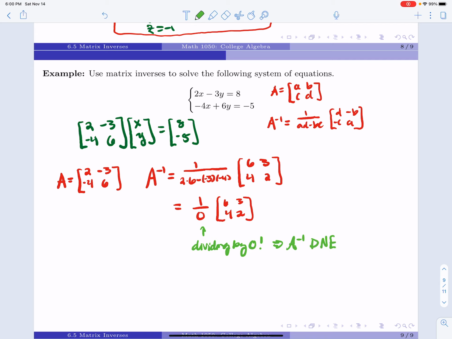Because if you remember, if the determinant AD minus BC equals 0, then there is no inverse. Which means that there's no solutions for this system of equations. So, no solutions.